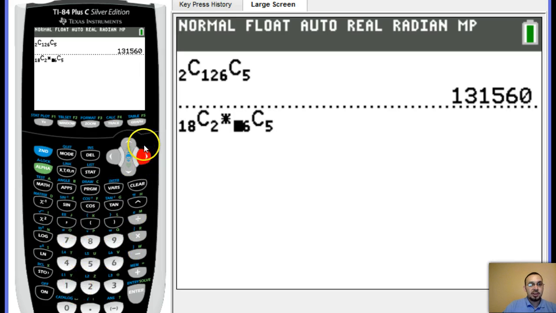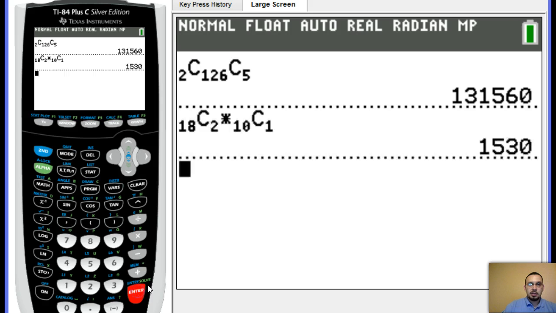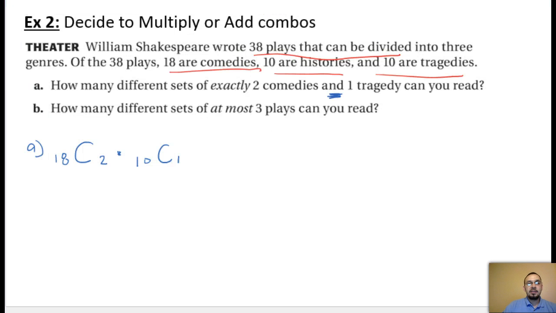And we have 10 tragedies. There's my 10. And we choose to read 1 of them. So I have 1,530 different combinations that I can read, or I can read 2 comedies and 1 tragedy.